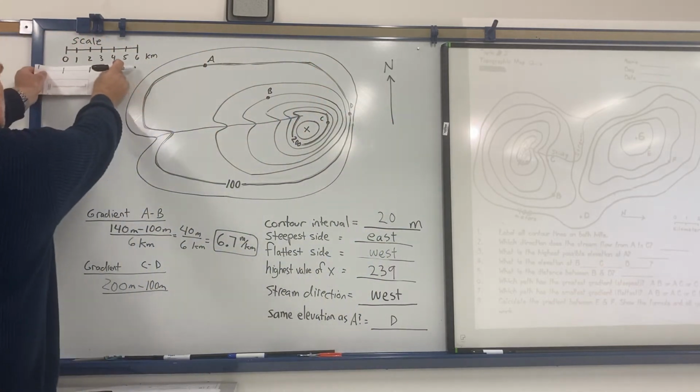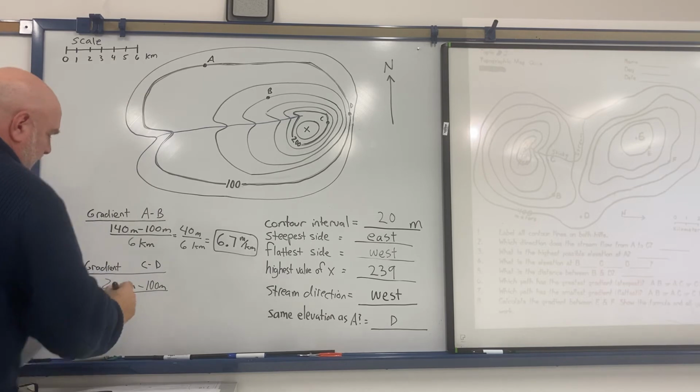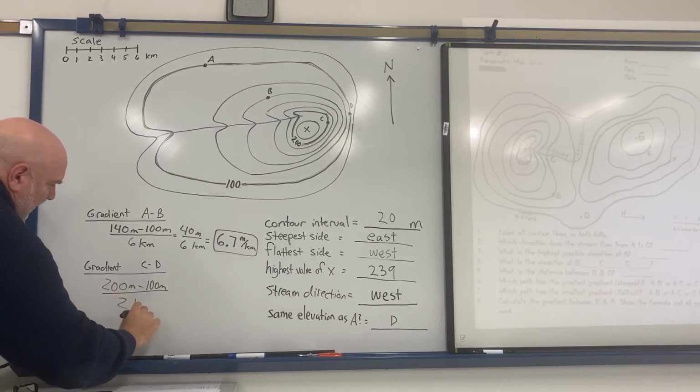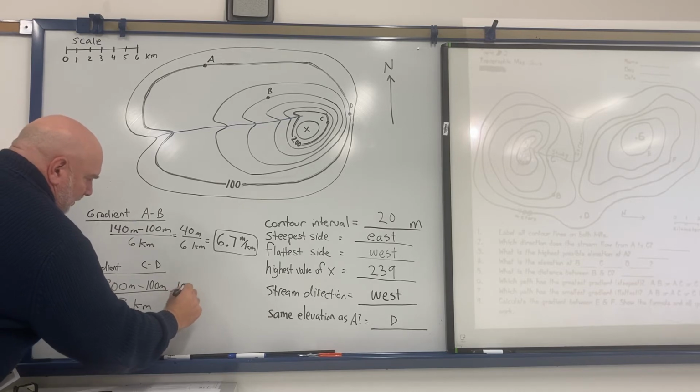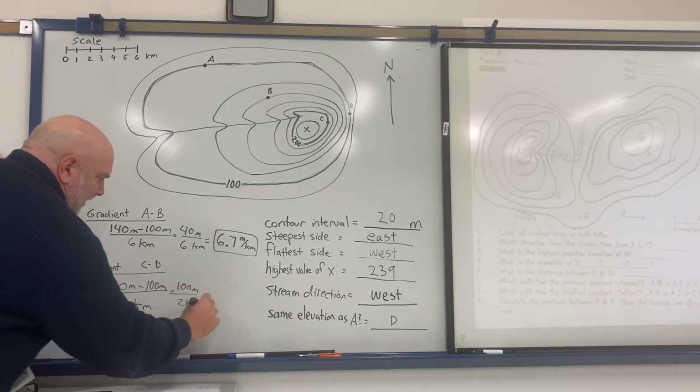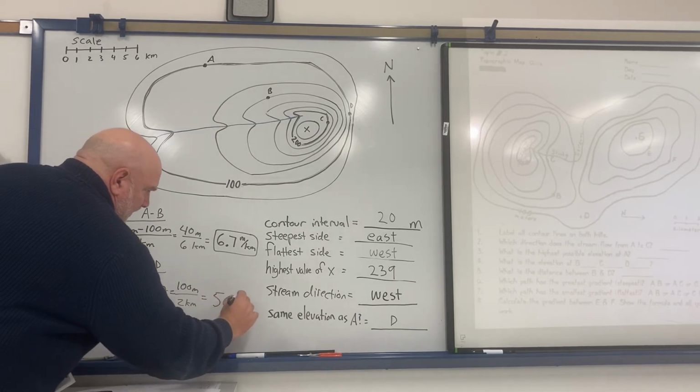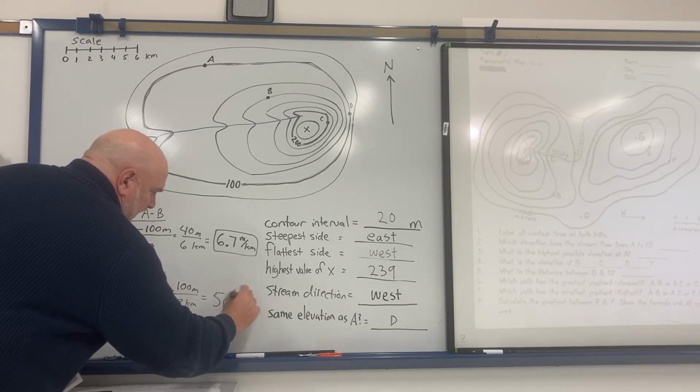Go to my scale. It's about 2 kilometers apart. So 2 kilometers goes on the bottom. 200 minus 100 is a 100 meter difference over 2 kilometers. 100 divided by 2 is 50 meters per kilometer.